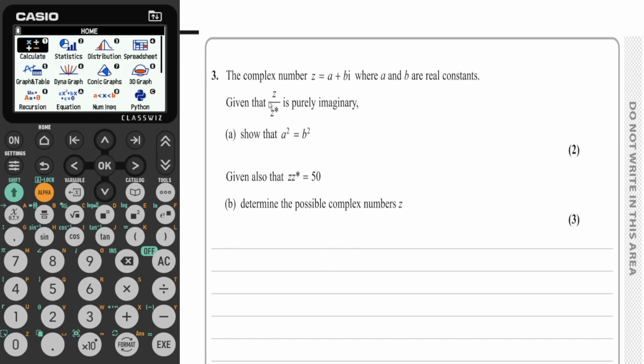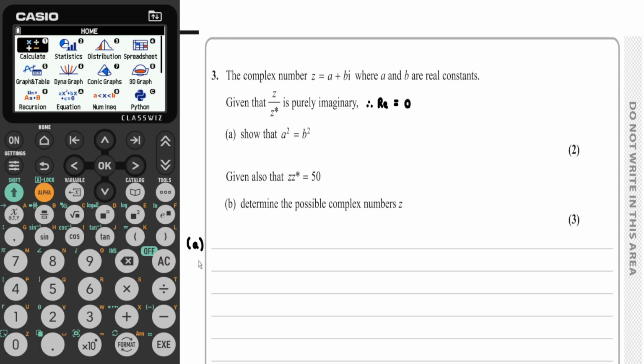Question number 3. We've got this complex number z equals a plus bi, where a and b are real constants. We're given that z over z star is purely imaginary. Part A, we have to show that a squared equals b squared. If z over z star is purely imaginary, that means the real part is equal to 0.